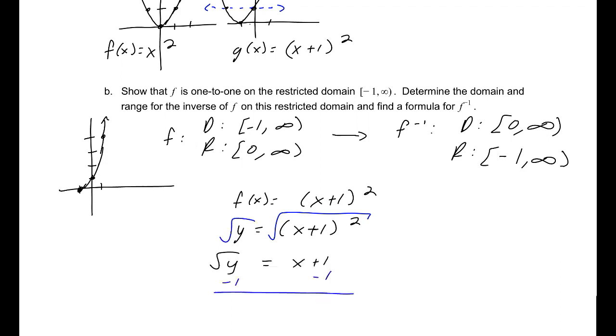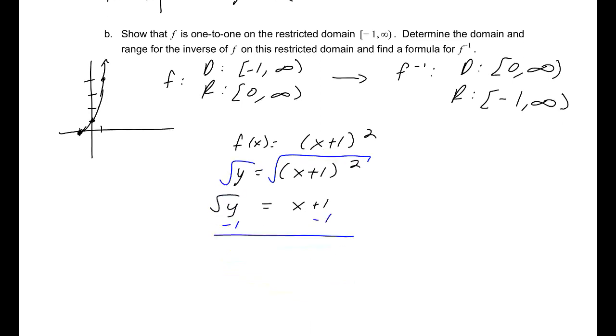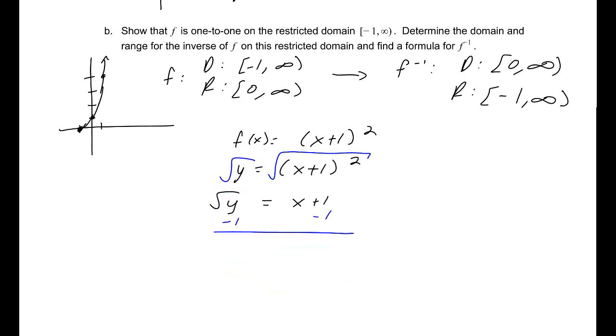Subtracting 1, we have the square root of y - 1 equals x. So that f inverse of x, I'm going to go ahead and perform my change of variables there. f inverse of x is the square root of x - 1 on the interval 0 to infinity.